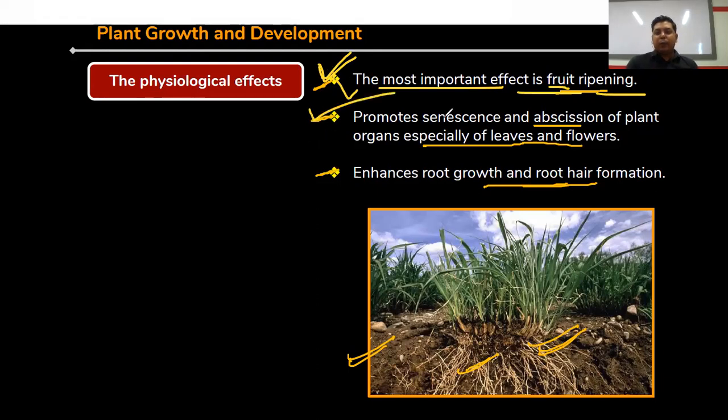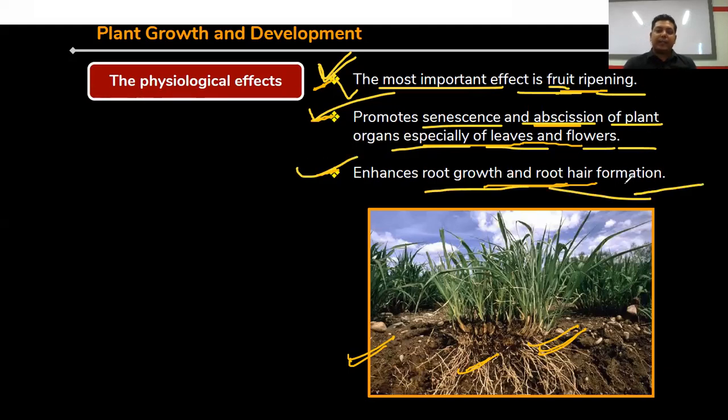Clear? They can promote the senescence and abscission of plant organs, especially of leaves and flowers. Obviously, in the case of leaves and flowers as well as fruits, after they ripen, they fall off. After they ripen, this is known as senescence. And then what happens? They fall off onto the surface of the soil. This is called abscission.